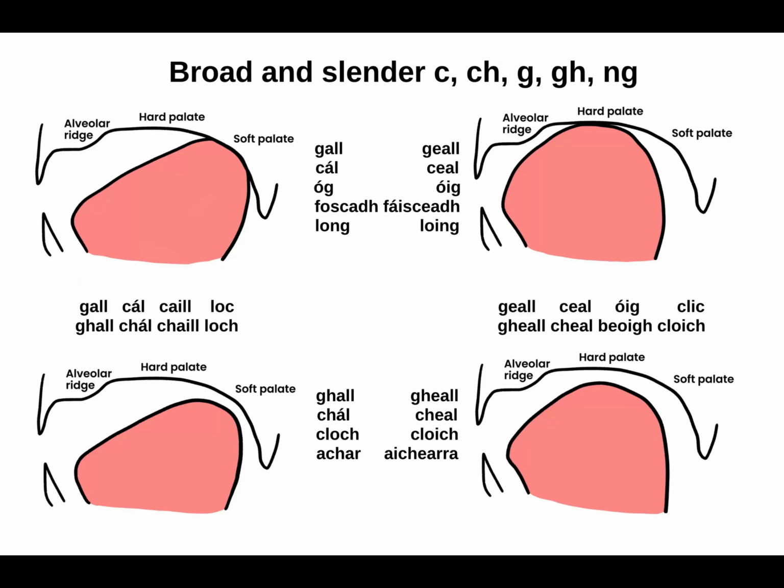So when we're comparing these broad stops, these velar stops, to the slender sounds on the right, which are also known as palatal stops because the tongue is touching the hard palate, we notice, as I said, that in the broad sounds the tongue is much further back, and in the slender sounds the tongue is touching the roof of the mouth much further forward in the mouth, and further forward than we would generally have in English, in most dialects at least.